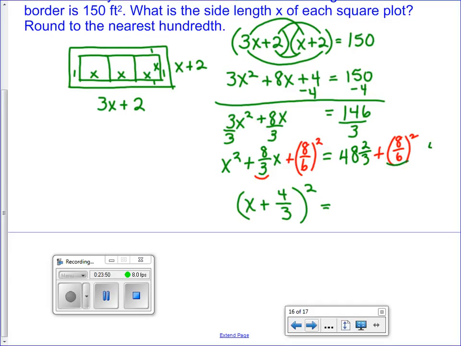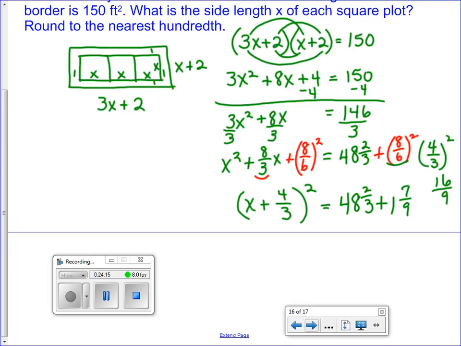This is the same as 4/3 squared. So we end up with 48 and 2/3 plus 4 squared is 16, 3 squared is 9, and changing that to a mixed number, we would have 1 7/9.